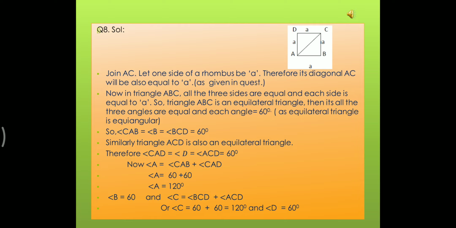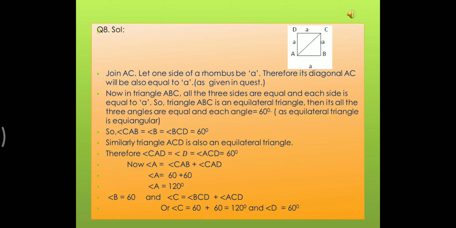Equilateral triangle is also equiangular. So all angles will be equal, and we know in an equilateral triangle each angle is equal to 60 degree. So angle CAB is equal to angle B is equal to angle BCD, and all the three angles are equal to 60 degree.